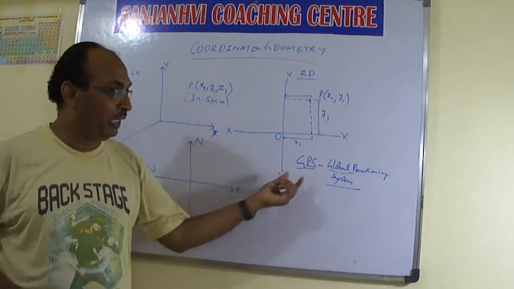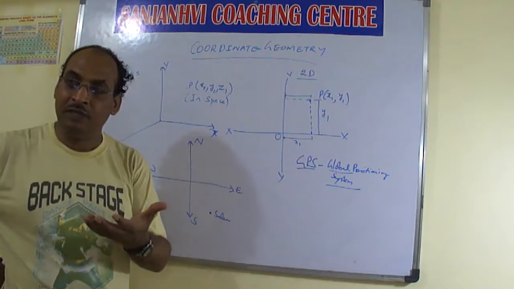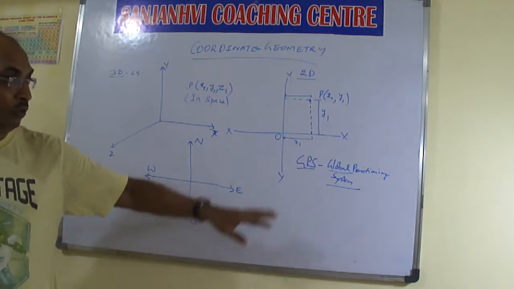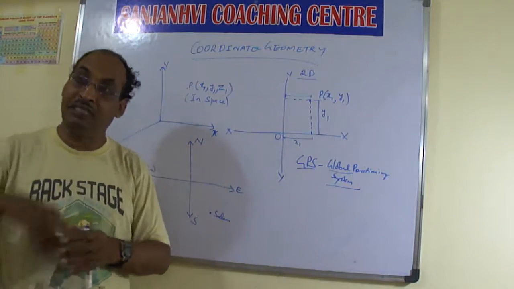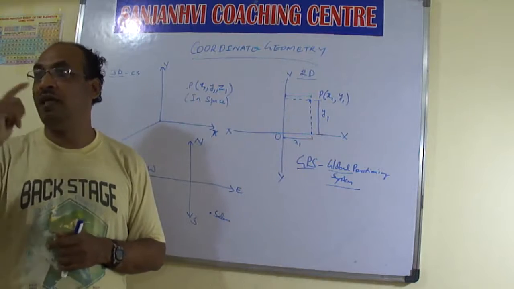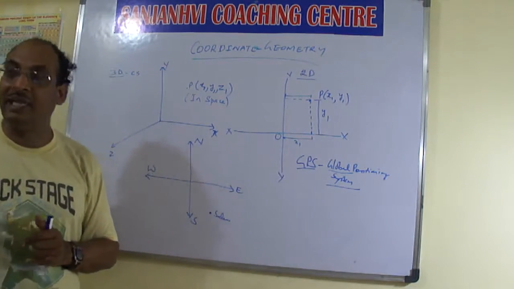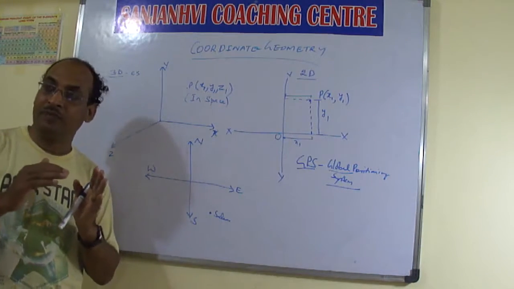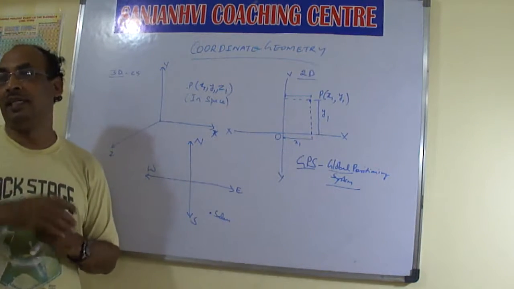In our mobile also GPS is there. Nowadays by using GPS we are going anywhere. So that map is working on the basis of GPS, and GPS is working on the basis of satellites which are placed and revolving around the earth, just like the moon. With those satellites, the coordinates will be correctly pointed out.